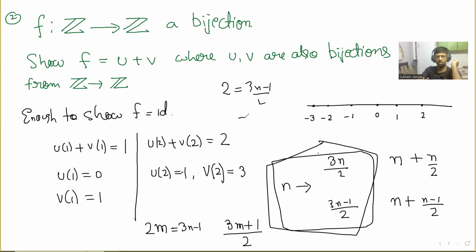No, it is not surjective. How do you get 2? This is never equal to 2. So 6k plus 2 will not work.